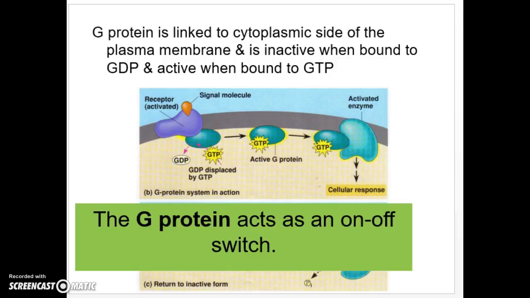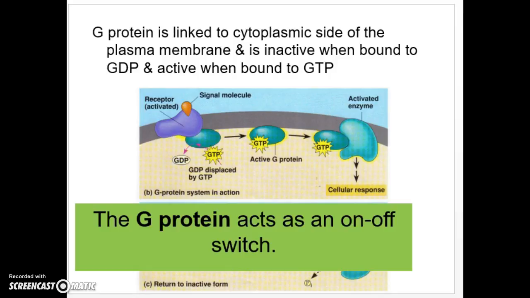One ligand can activate many different receptor family members. For example, there are at least 9 distinct G protein linked receptors that can be activated by adrenaline. So adrenaline is a ligand or a signal molecule, and it activates these G protein linked receptors.